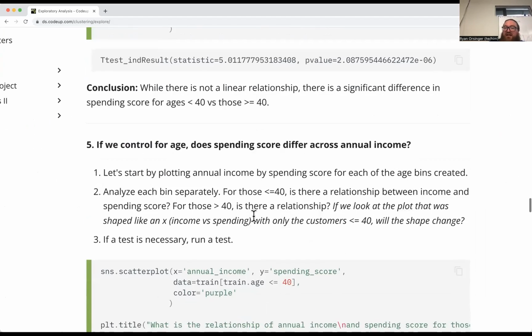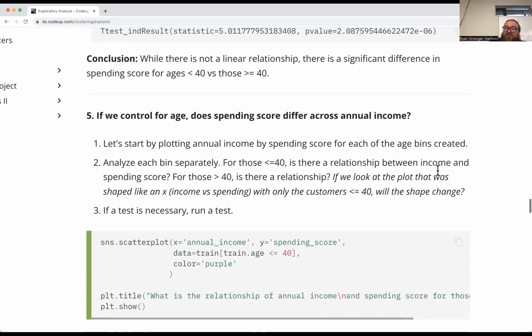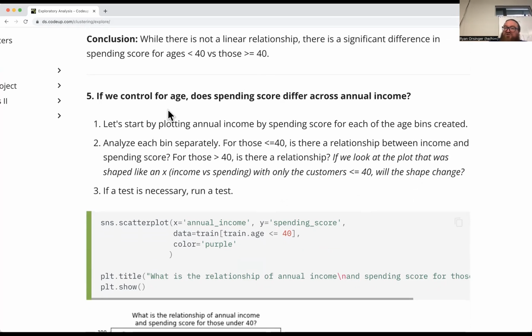So this next question has this very important language. If we control for age, does spending score differ across annual incomes? So you may notice the English here has 3 different variables, right? We have age, spending score, and annual income. So one way that we could control for age, we've already made 2 different bins for age.